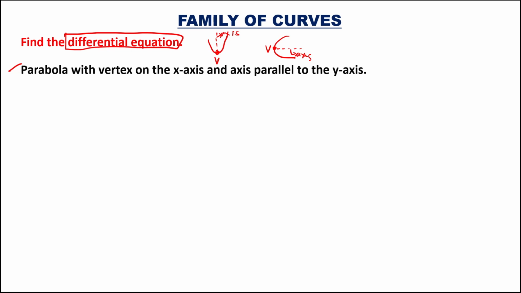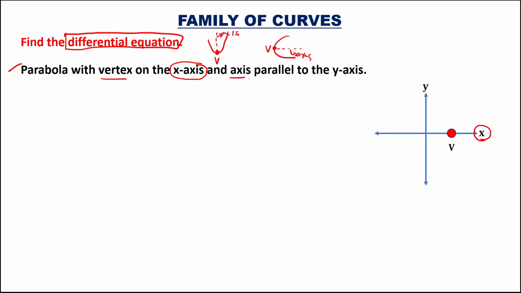So from this given, to graph this parabola, since the vertex is on the x-axis, this is now the point of the vertex.